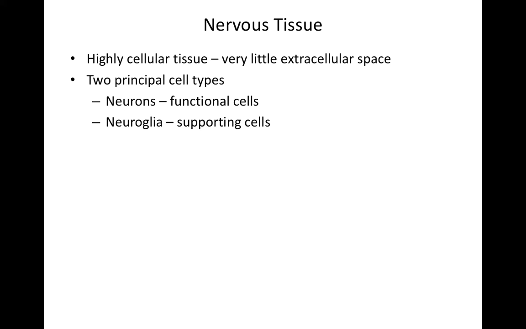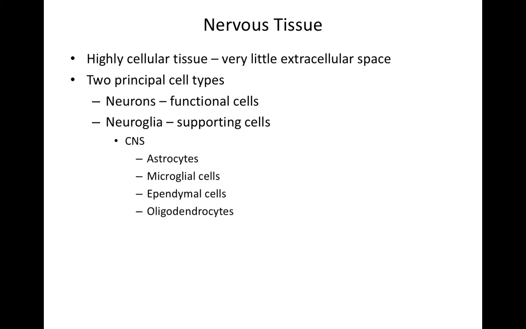And then we've got neuroglia, which are the supporting cells. We have a lot of those. In the central nervous system, we're going to talk about astrocytes, microglia, ependymal cells, and oligodendrocytes. In the PNS, we're going to talk about satellite cells and Schwann cells.